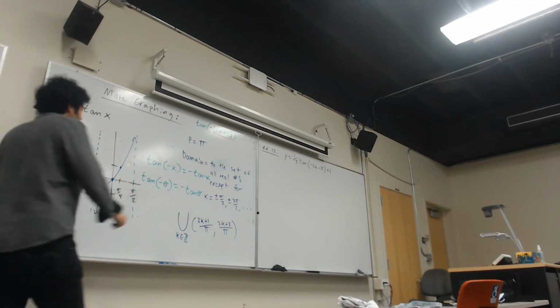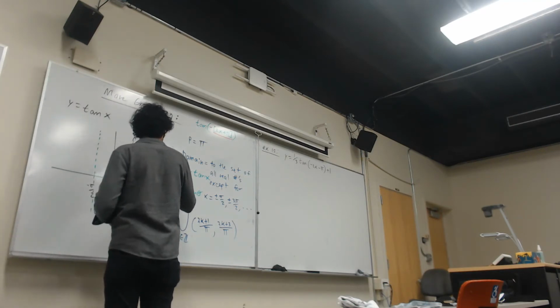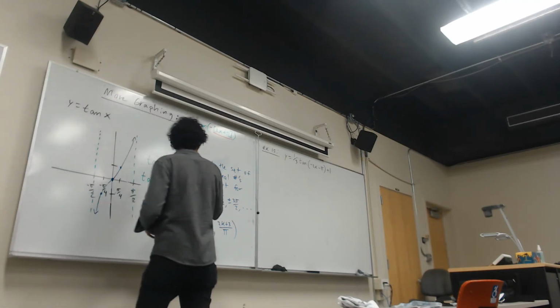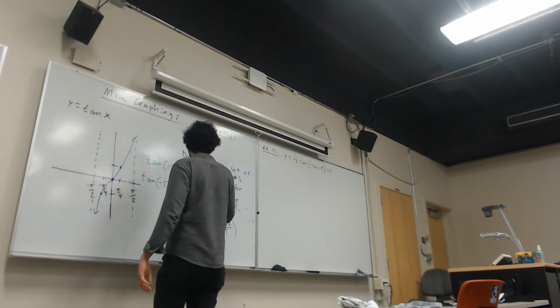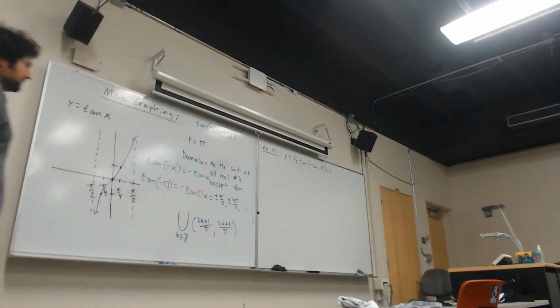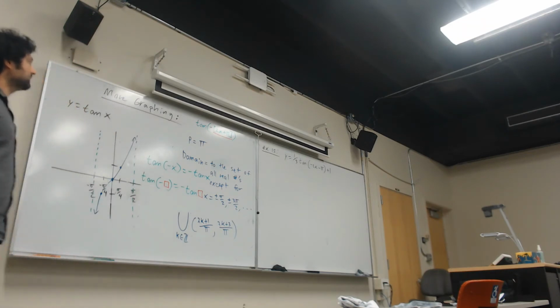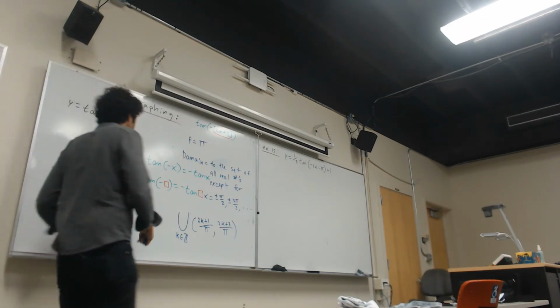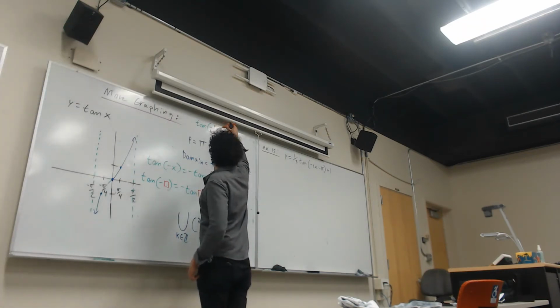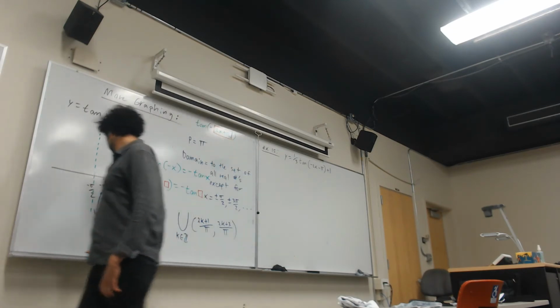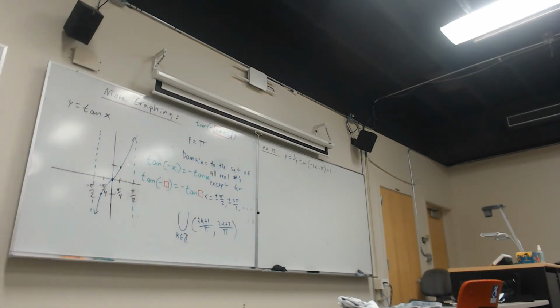Look, tangent of negative of whatever that is equals negative tangent of whatever that is. It doesn't matter what it is, so I'm putting a box there for any expression. What can you do there?